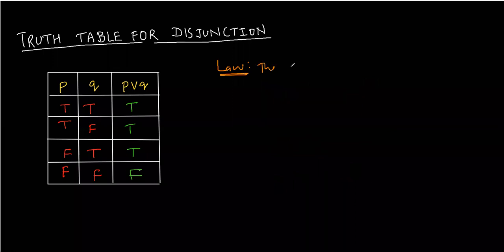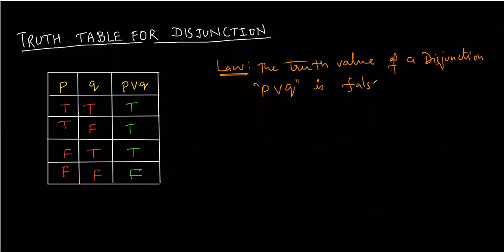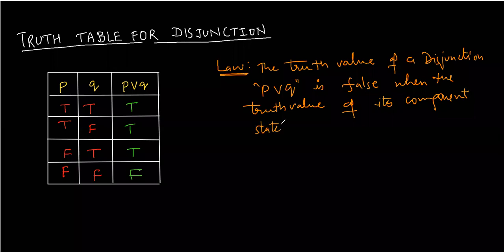So I write here: the truth value of a disjunction statement P or Q is false when the truth value of its component statements P is false and Q is false.